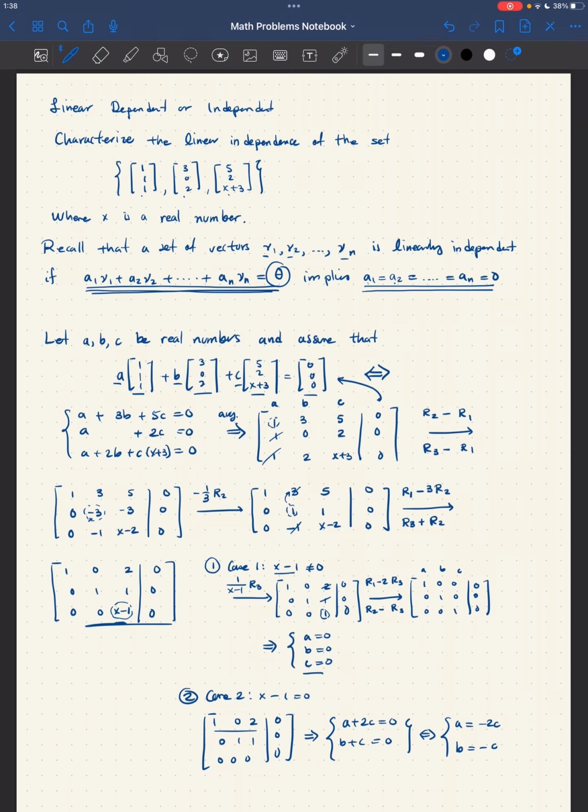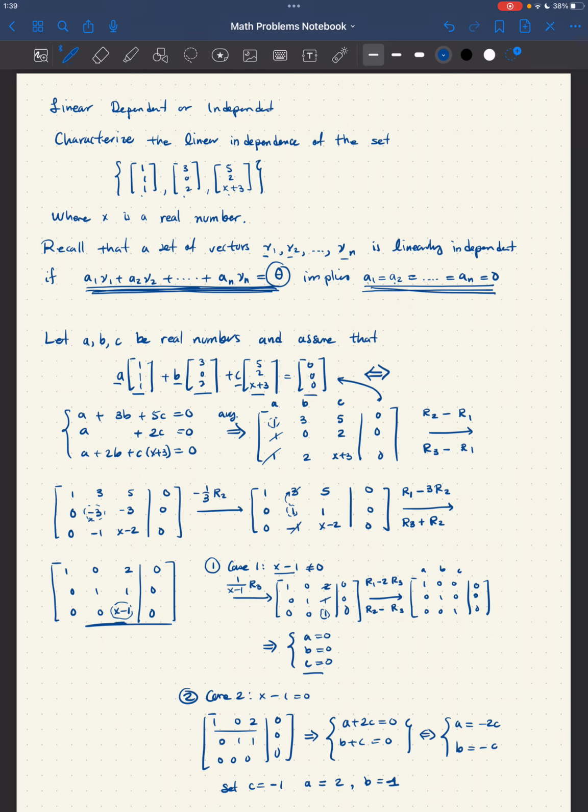So, for instance, if I set c to be negative 1, I get that a is equal to 2 and b is equal to 1. So what I get is a non-trivial solution to this equation. In other words, having this doesn't imply that all the coefficients are 0.